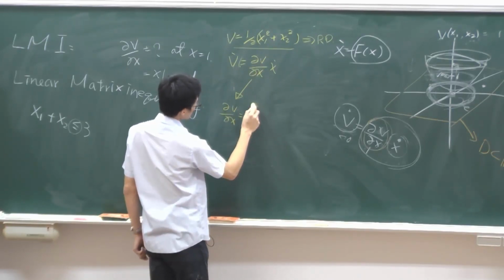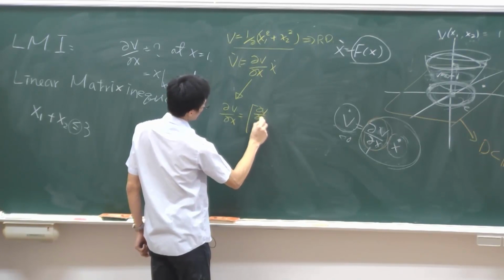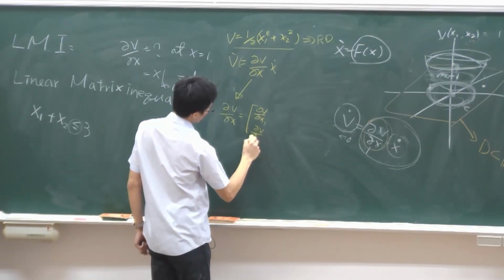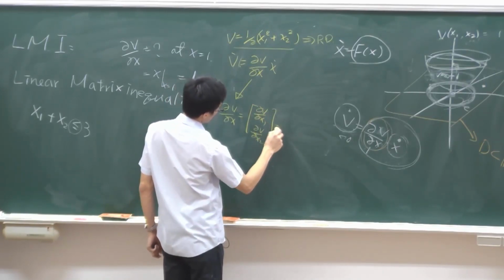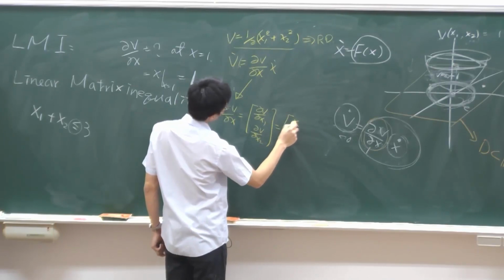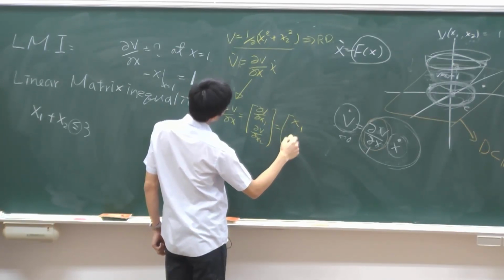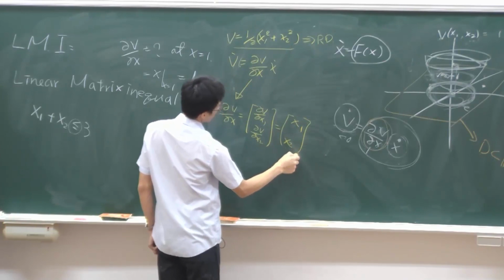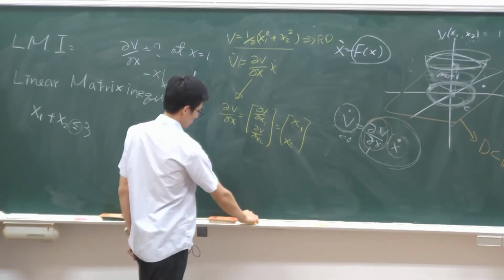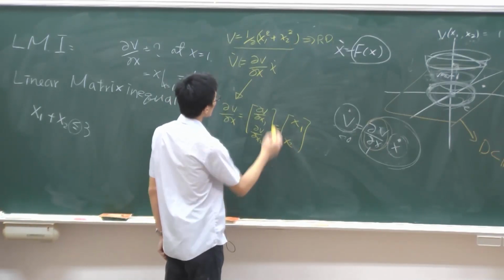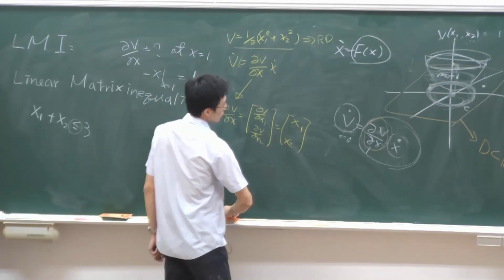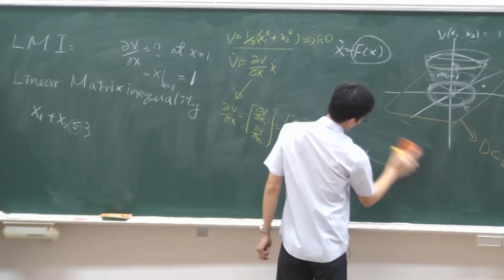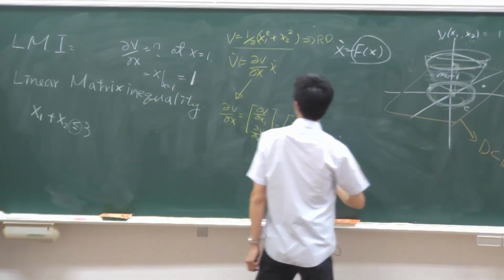Gradient of V is, right? Okay, so this x1, x2. What is Vx? Is that the dynamics, right?